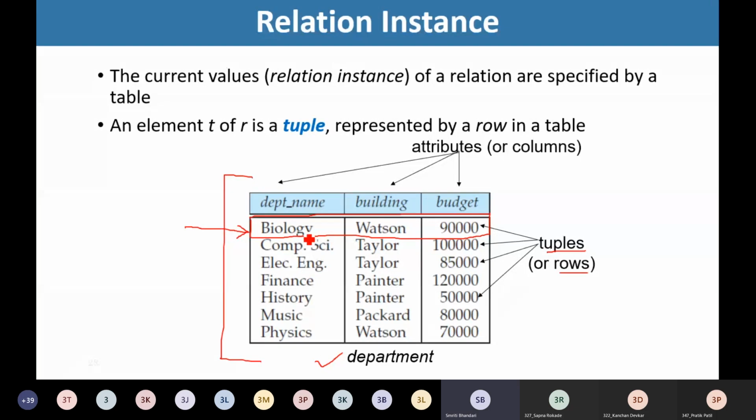So one tuple includes the values for different attributes. So biology is the attribute value for department name, Watson is the value for attribute building, and 90,000 is the value for attribute budget. So the set of these values gives me one tuple in my relation.